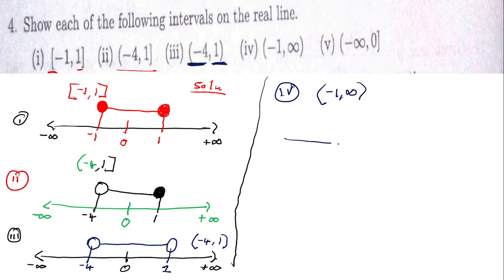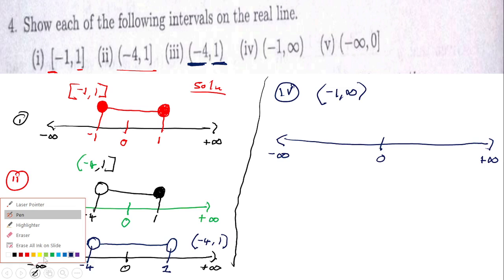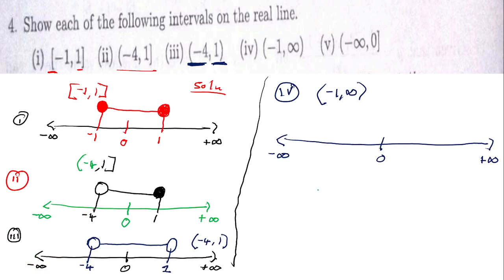So for you to represent this set, you just simply sketch like that, and then this side you put negative infinity, that side you put positive infinity, and then in between you put a 0 to put the demarcation between negatives and positives. Once you are done with that, you can represent this work on a number line in such a way that you're going to put a negative 1 there.